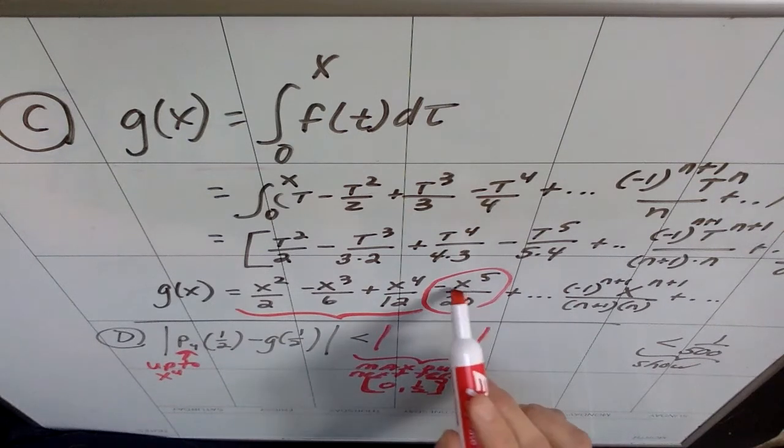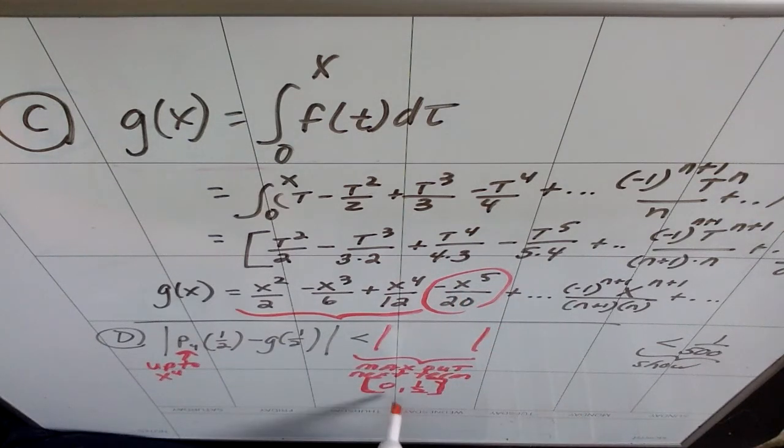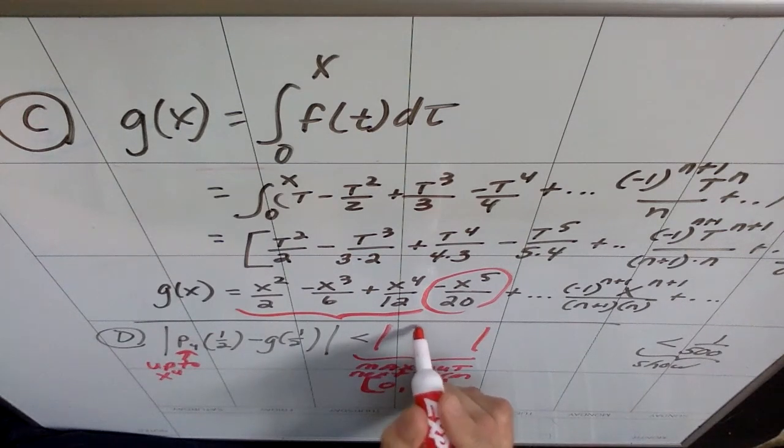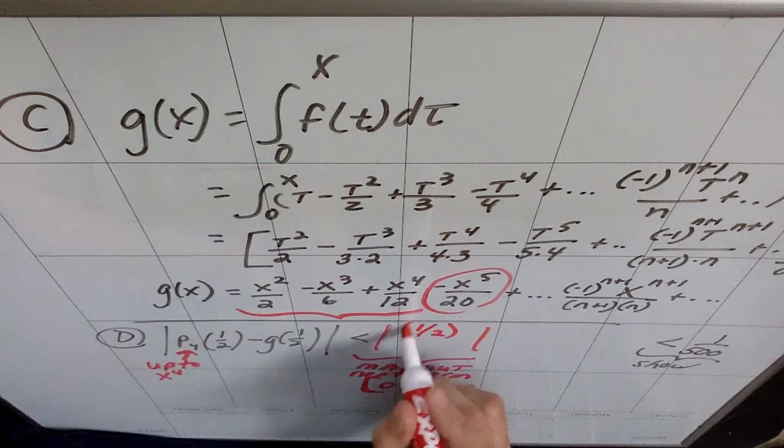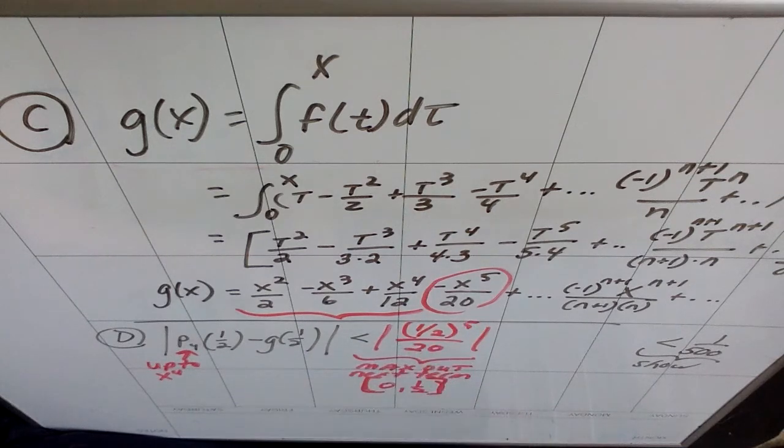So if I want to max out the x to the 5th, I'm going to do that by using 1/2 to the 5th, because 0 to the 5th won't be the biggest number. So I'm going to end up getting 1/2 to the 5th over 20. And I'm going to clean that up. That's 1 over 32 times 20, which is 1 over 640.